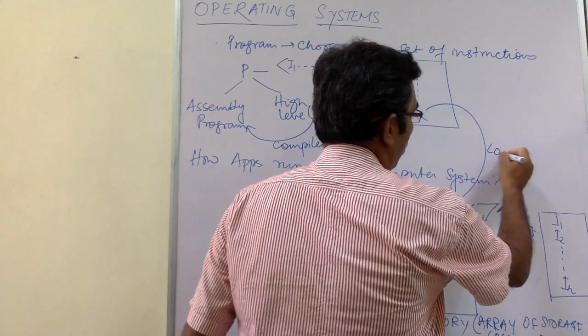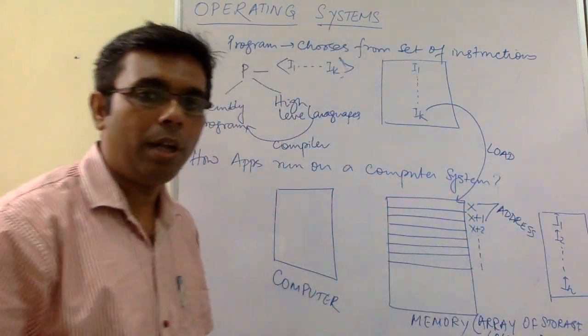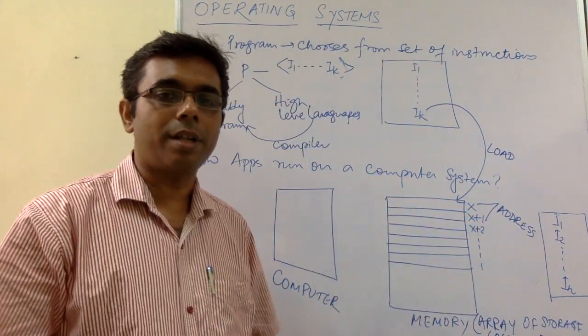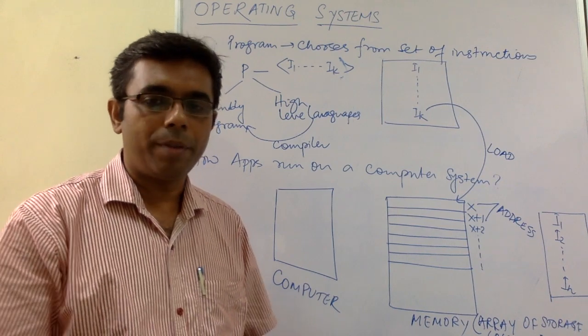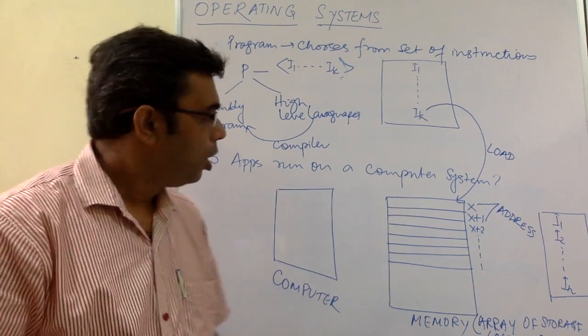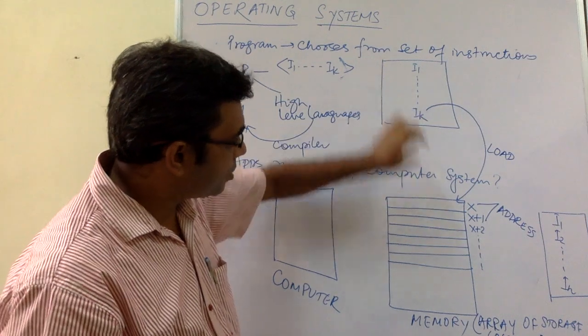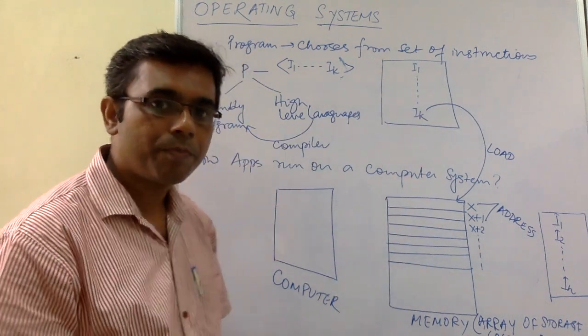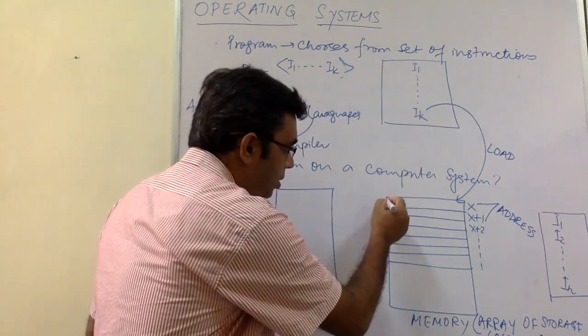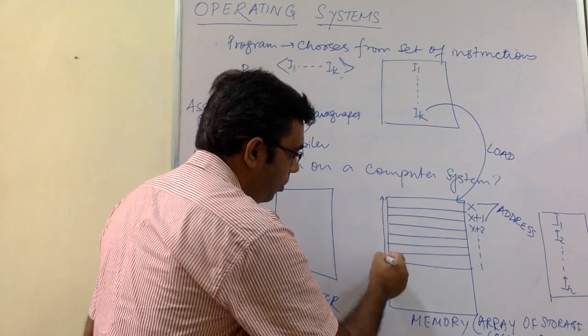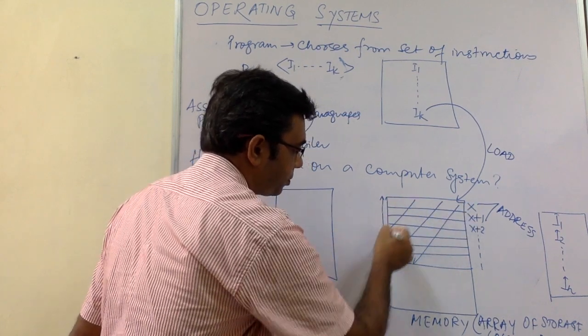Let us say you load that manually or automated, that is, the compiler does it for you, whatever the reason, so this has to be loaded. Once these instructions are loaded, every instruction will occupy certain locations in the memory. That means some locations will be occupied by this program.